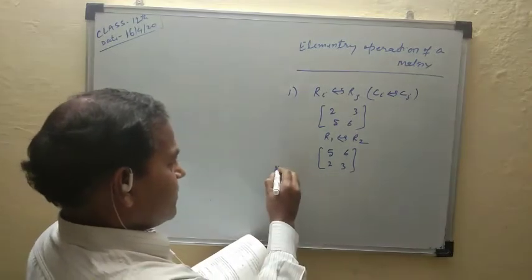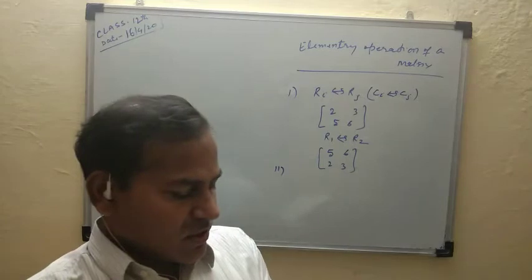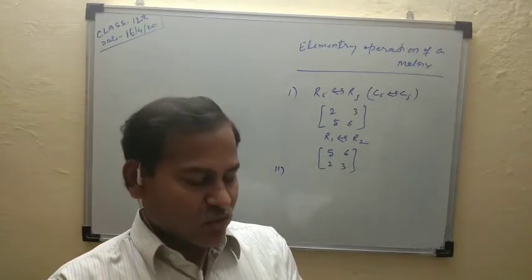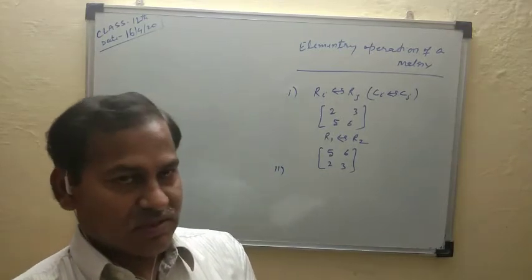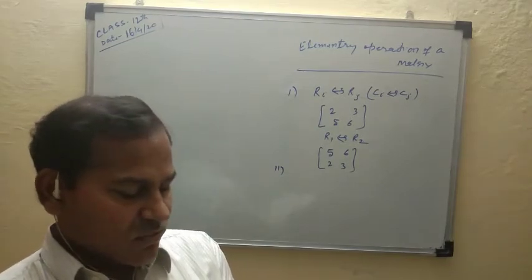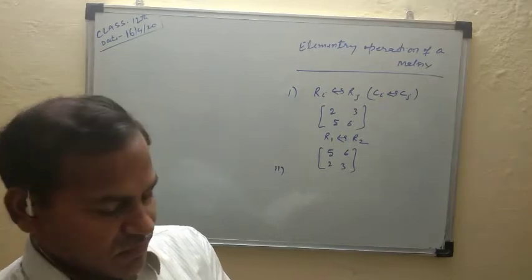Next operation: the multiplication of the elements of any row or column by a non-zero number. I repeat, the multiplication of elements of any row or column by a non-zero number.